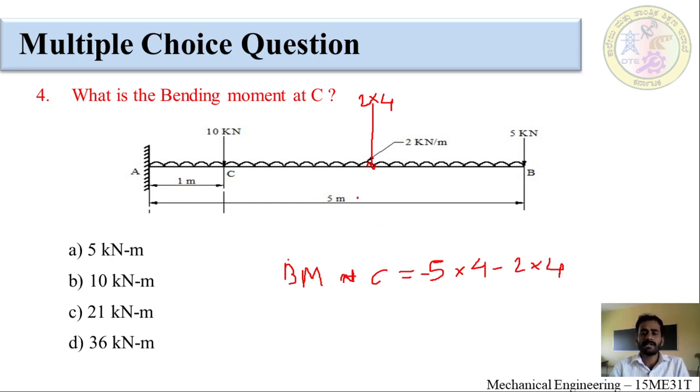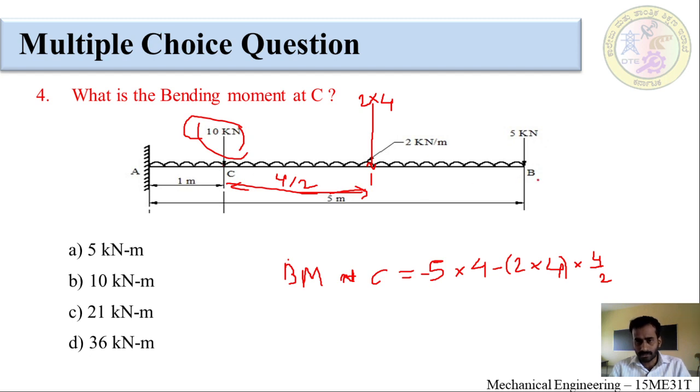And this load acts at a distance of 4 by 2 from C. There is no need to consider the load at C because it is acting on point C. So, when you are calculating the bending moment at C, there is no need to consider the load on that point.